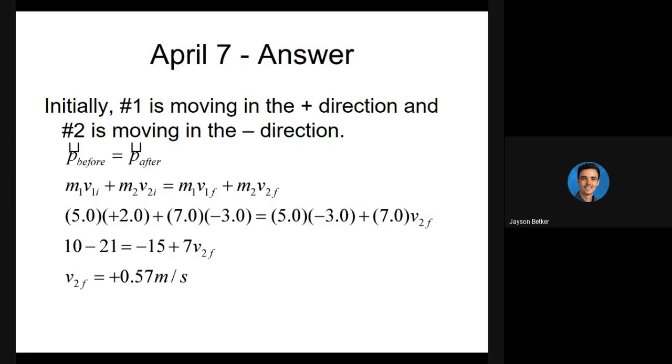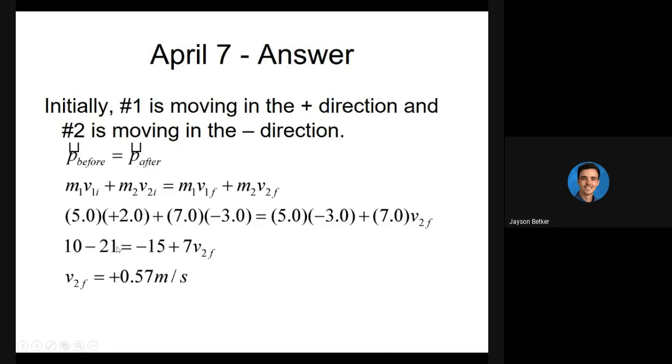And then after the collision, M1, which was 5, is moving at -3 meters per second. And then plus M2, which is 7, and then we're trying to find the final velocity of object 2. So if I do all that, 5 times 2 gives me 10, 7 times -3 gives me -21, 5 times -3 gives you -15.